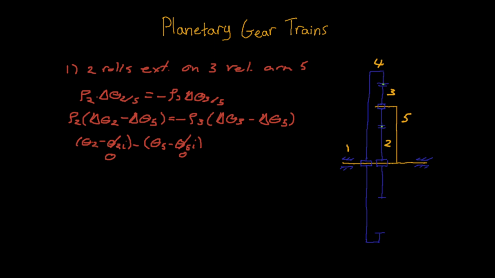And the angle of gear 2, theta 2, will just turn into omega 2. And same with theta 5, the angular position of arm 5 will become omega 5, which is the angular velocity of 5.